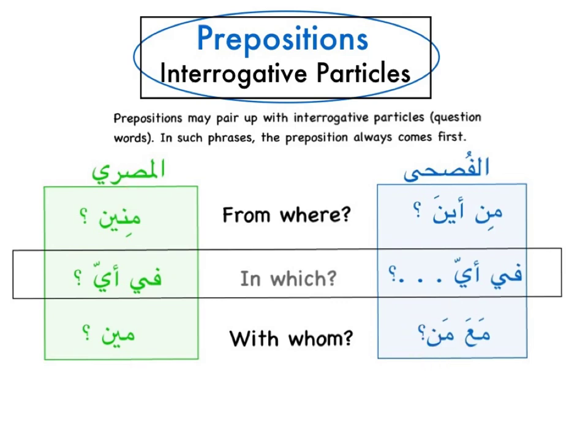In Egyptian عامية, we say منين. If you notice, منين is a fusion of من أين in فصحى, and with time it became منين. في أي, same. مع من becomes مين in مصري.